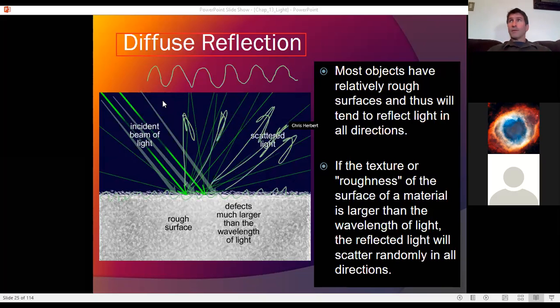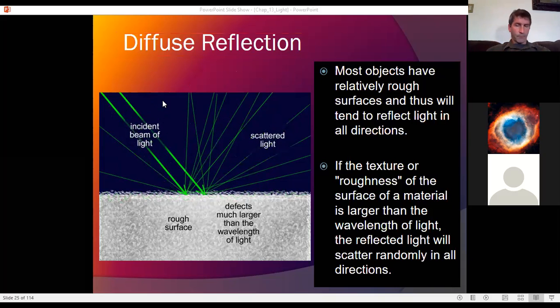In fact, I look around the room and the walls of this room are painted with latex paint, and latex particles are small. They're microscopic, but they're not smaller than the wavelength of light. So when the light hits it, it bounces off in all directions, and I can see the walls that way.